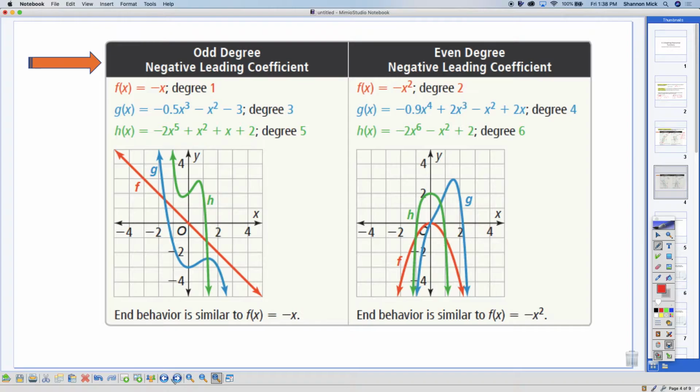Even positive. Odd positive. Odd positive. Okay. Even negative. Odd negative.